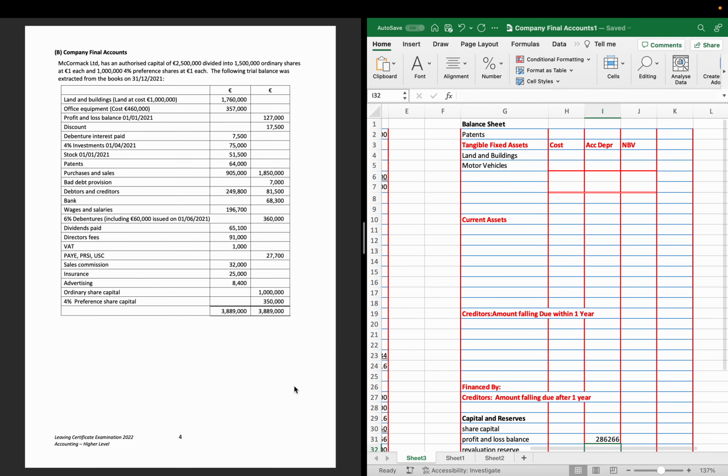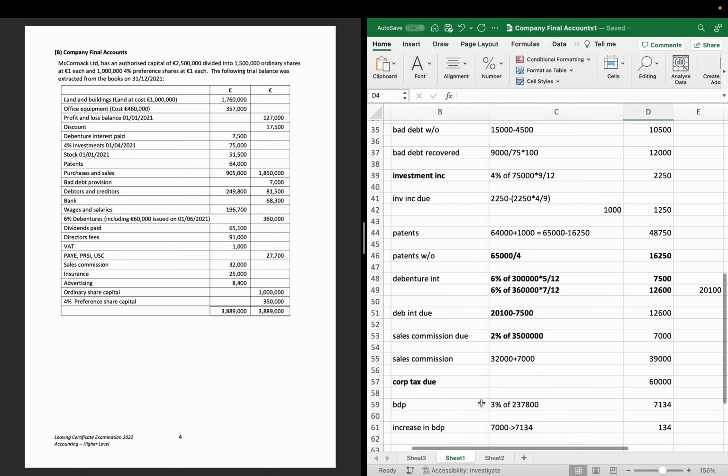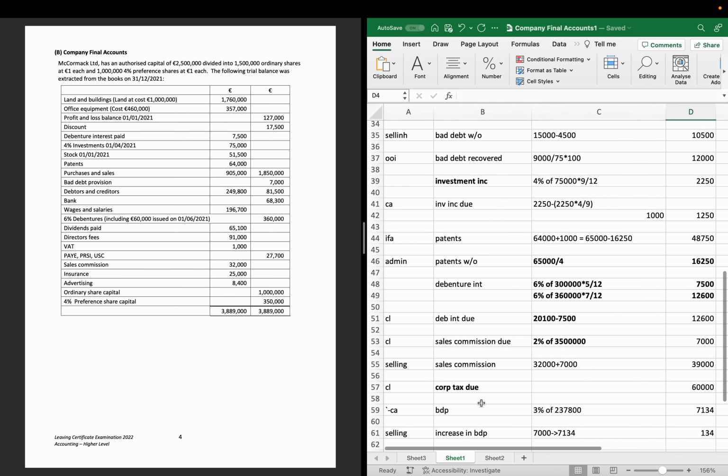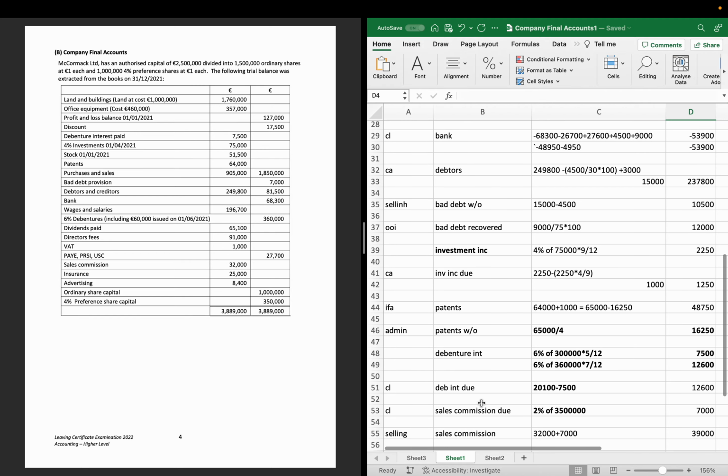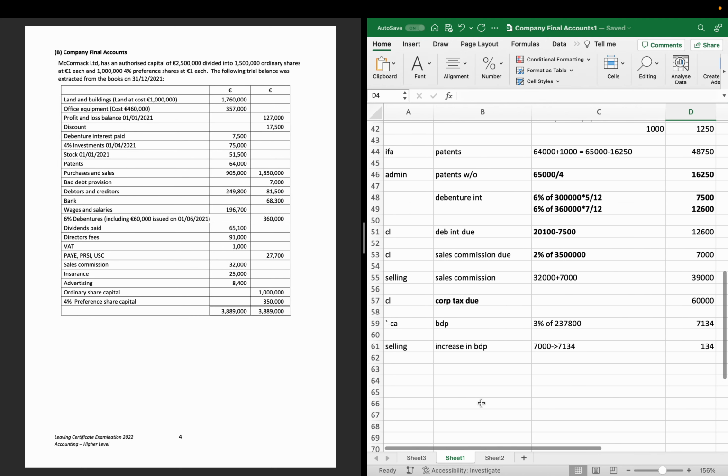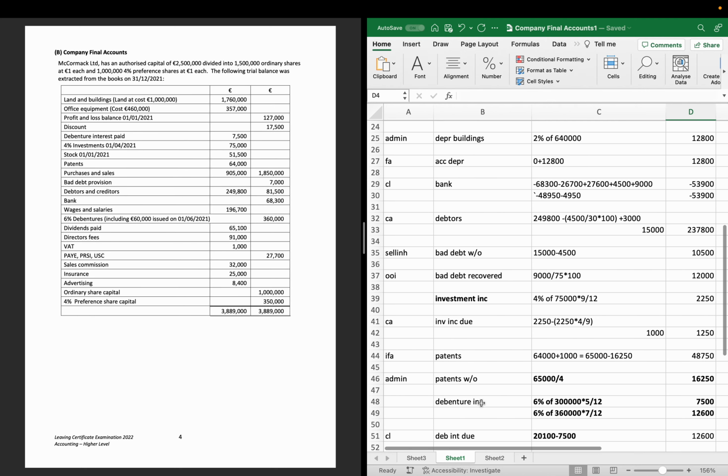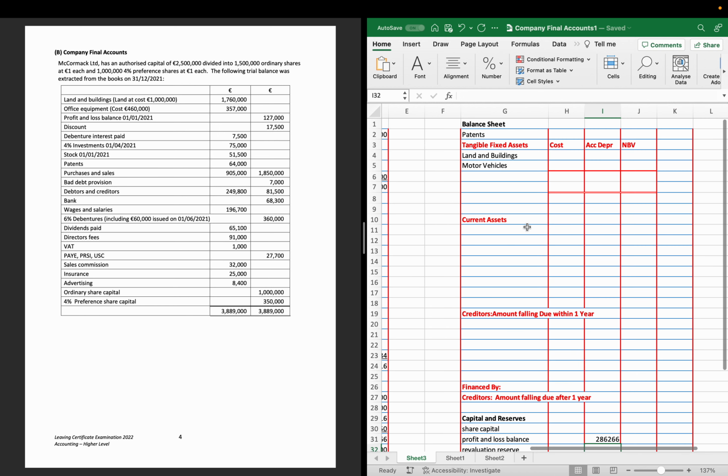So we've got our patents, which I was working on. Tangible fixed assets, where are you? It's 48,750. You've got your land and buildings, which we started off as 1640. The accumulated depreciation was 12,800, giving you a value of one minus the other.